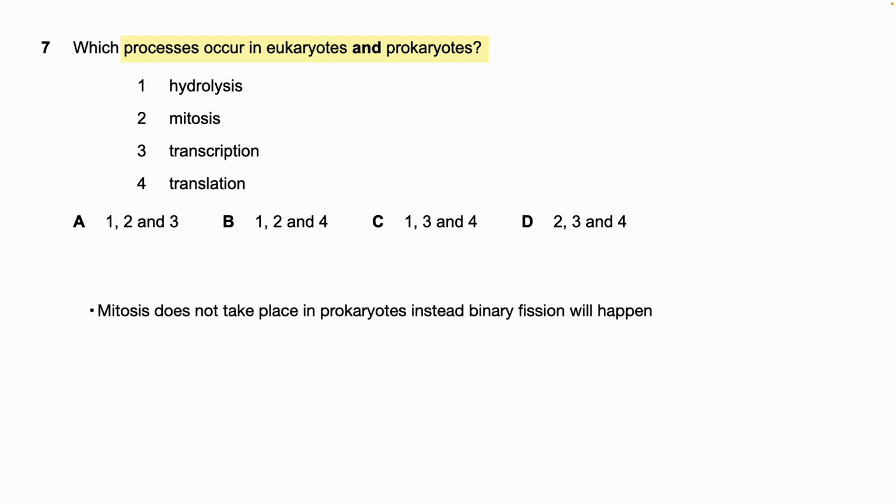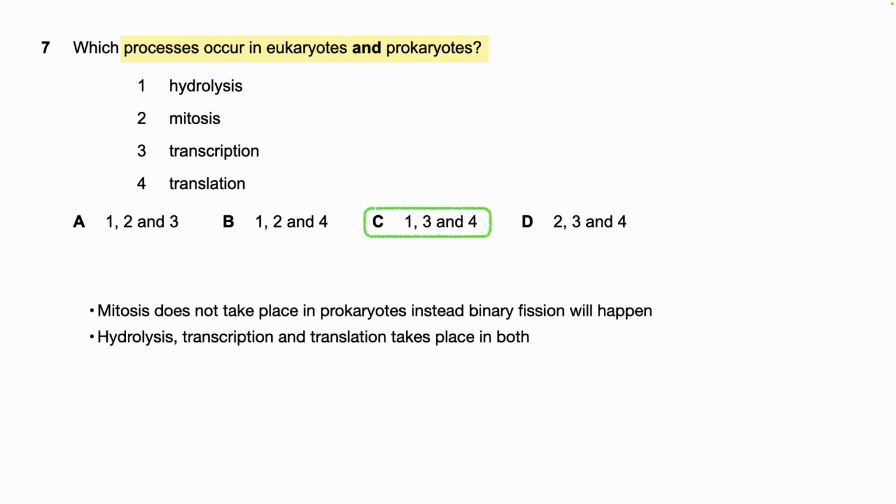All the bacteria and prokaryotic organisms divide by binary fission and not by mitosis. For mitosis to take place, a nucleus should be there. The remaining processes, hydrolysis, transcription and translation, take place in both. So leaving off 2, all the other 3 options are right. The answer is C, 1, 3 and 4.